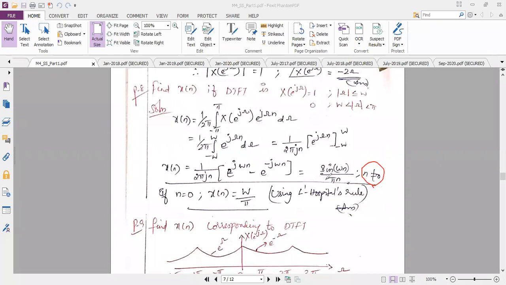So somehow I should try to find out the answer for n equal to 0 also. What is the only possibility? I have to apply L'Hospital's rule to this sine wn by pi n. L'Hospital's rule says that I have to differentiate. So this pi n is outside, that is constant. I'm just writing it outside. Then I'm performing the differentiation.